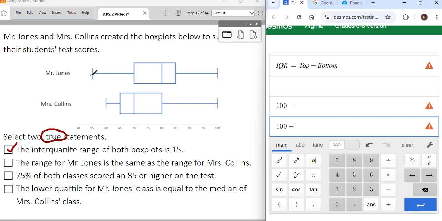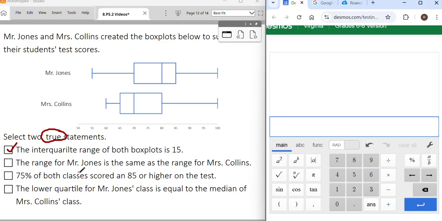So the lower extreme for Mr. Jones was a 55. That's not very good. And the lower extreme for Mrs. Collins is a 60. So it says the range for Mr. Jones is the same as the range for Mrs. Collins. That is not true. Mr. Jones's range is 45, Mrs. Collins's is 40. So let's go on to the next question.